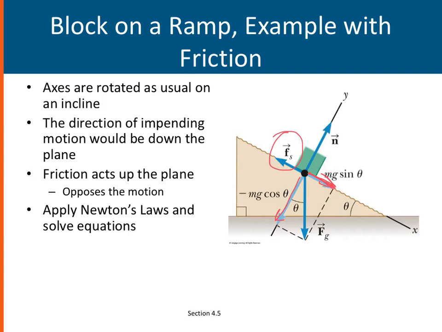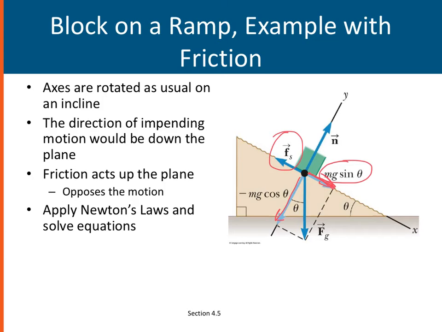So if left to its own devices with no friction, the box would slide down the inclined plane. So there is friction acting in the opposite direction, up the inclined plane. Now, if the x component of the gravity is big enough, then it can overtake static friction and start the slide. But if it's not big enough, then the static friction will be equal to the mg sine theta, and it'll be in equilibrium and just rest on the inclined plane.